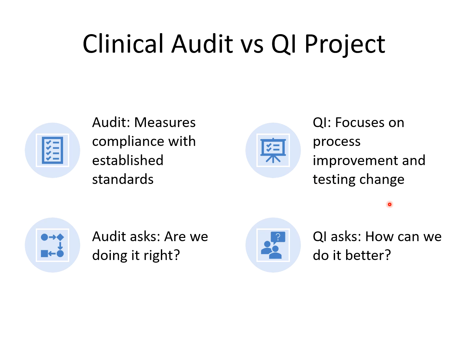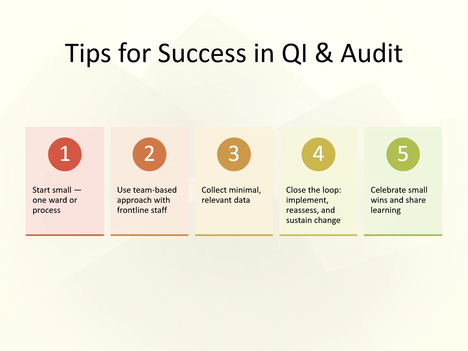If we improve the process, what will be the effect? How much change will be there? So a QI project is focused on improvement and change. The QI question that we ask is, how can we do it better? And in that way, it differs from the audit, because in an audit we are measuring against a standard, and in this case we are not measuring against a standard.